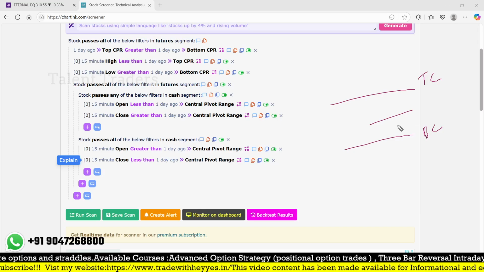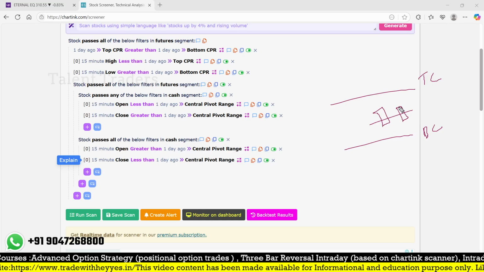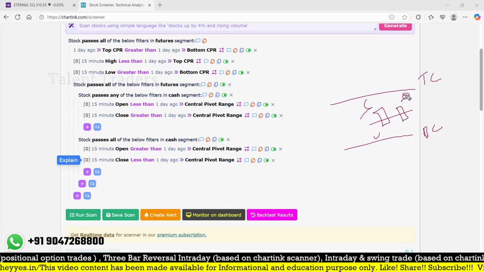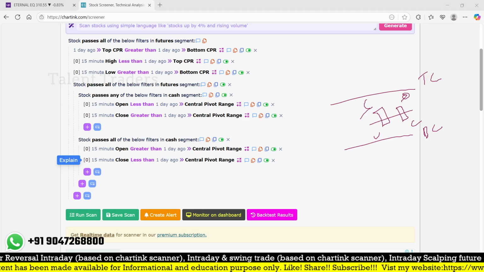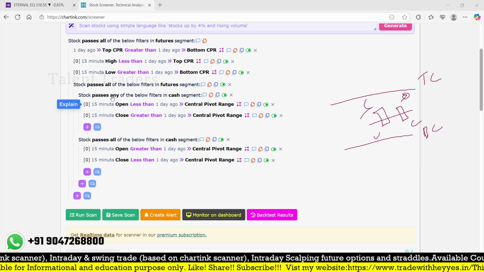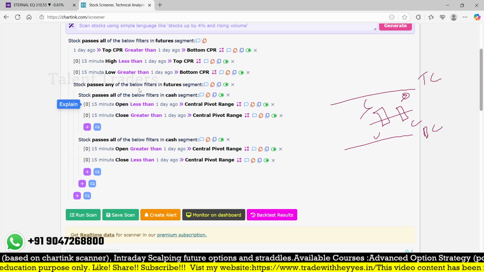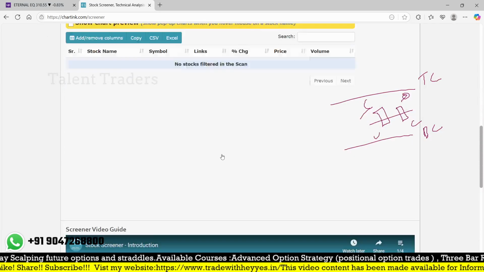So the stock may be a green candle or a red candle. Such a pattern may be a green open below and closed above, and open above and closed below. Such a thing it will try to find with this particular scanner, and here it should be all and here it should be any. Combining all these three, here it is going to filter.